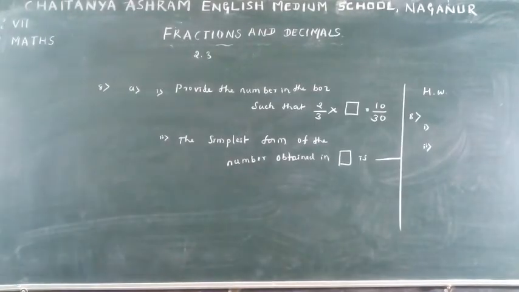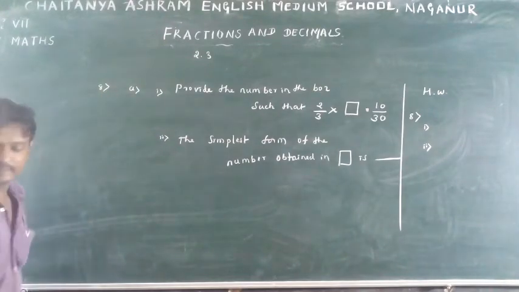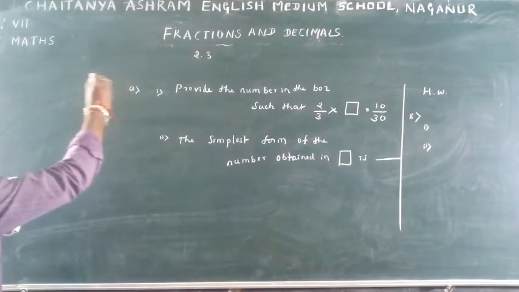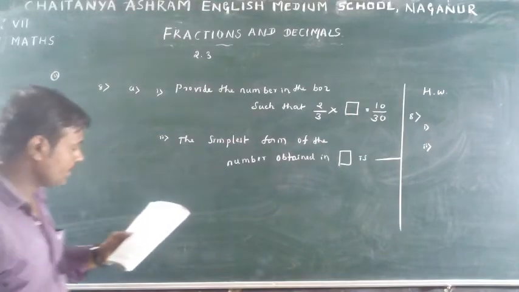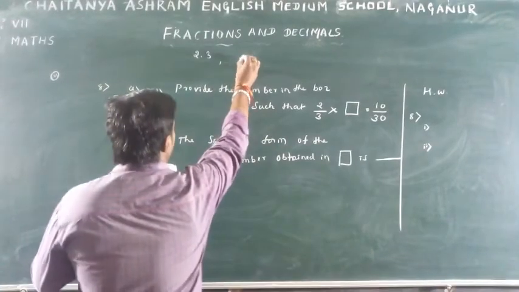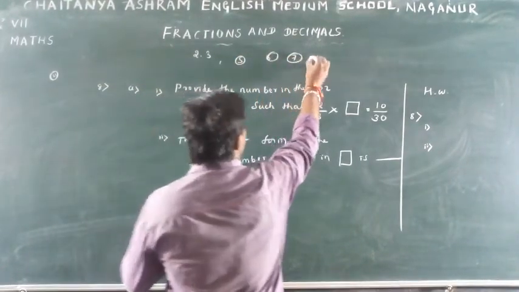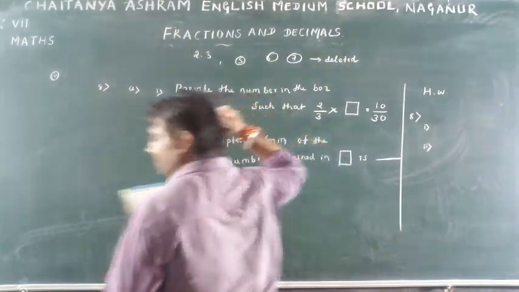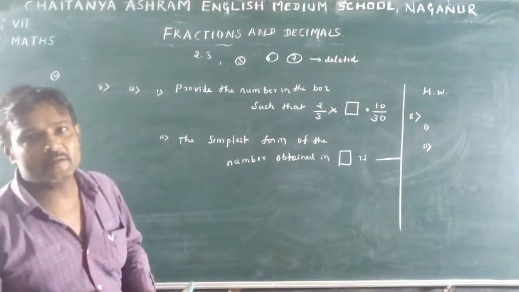Okay, dear children, see this 8th one. The 4th one we'll solve later, after this. The 5th one, 6th one, 7th one are deleted as per the syllabus committee of the Karnataka Secondary School Education Board.